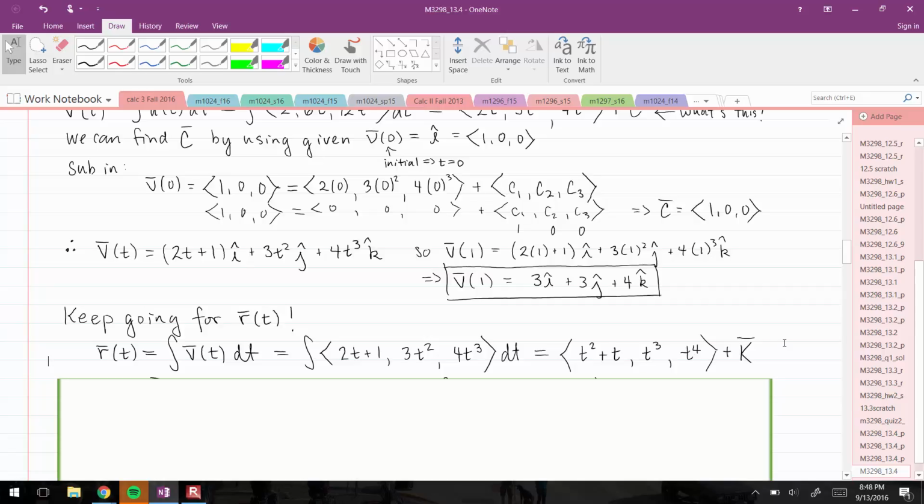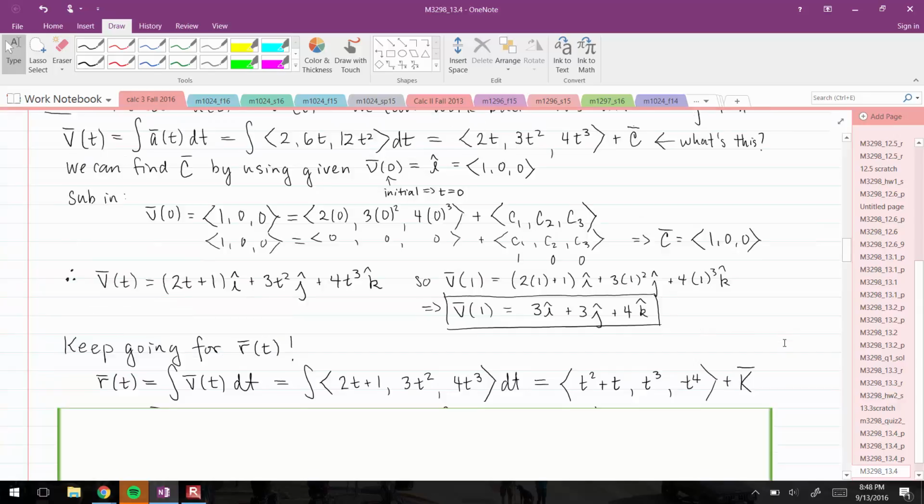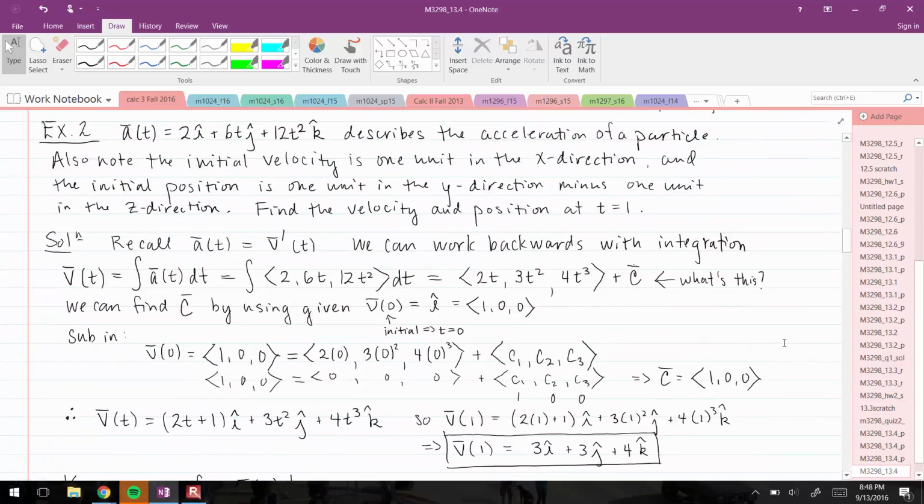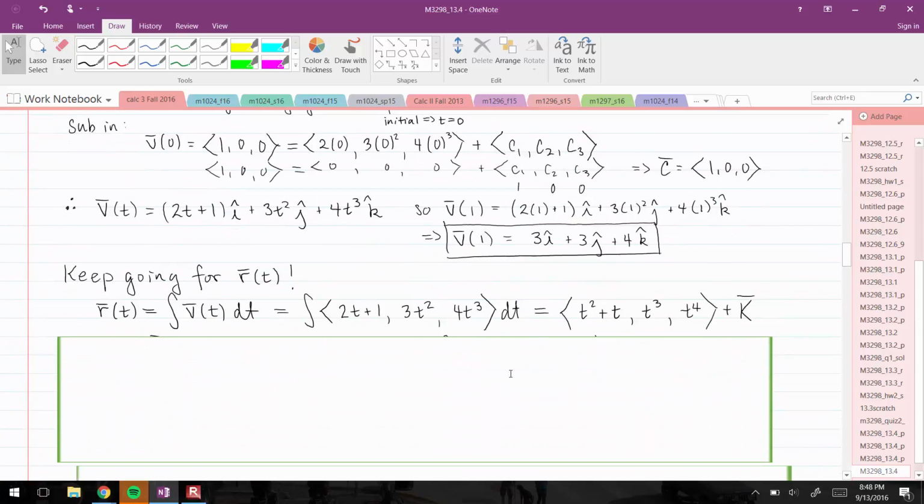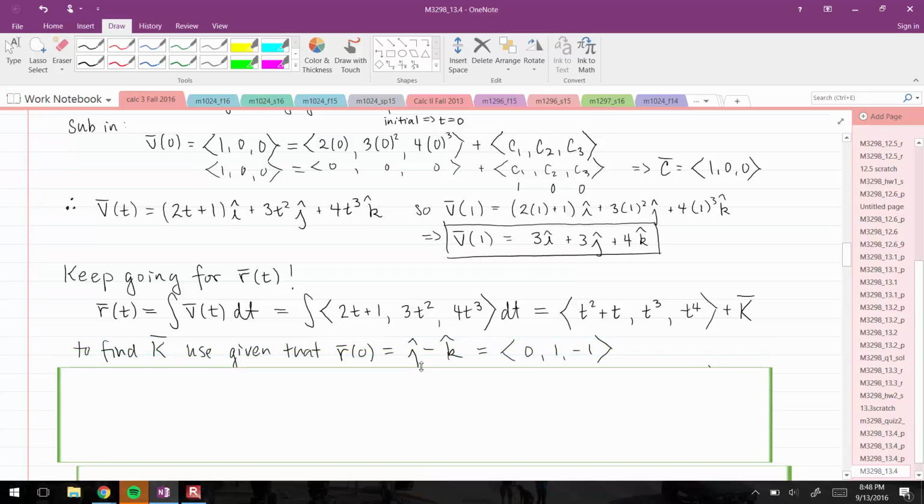Here we play the same game with a given. We're given that the initial position was 1 unit in the y direction minus 1 unit in the z. Putting those two pieces together, our big K, the constant, is equal to 0, 1, negative 1 in vector form.